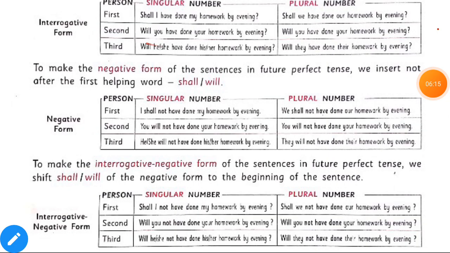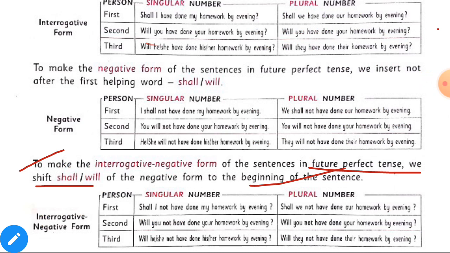To make the interrogative negative form of the sentence in future perfect tense, we shift will or shall of the negative form to the beginning of the sentence. First of all shall or will, then subject, then not, then have, after that the third form of the verb, after that the object.